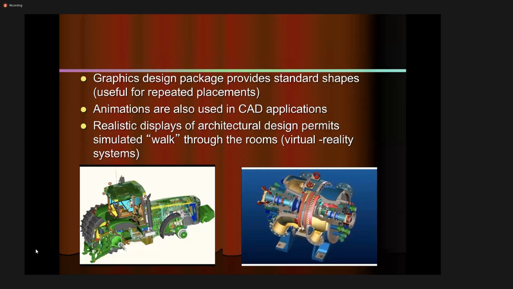Normally graphics design packages provide standard shapes and we can repeat them in this placement. And animations are also used in computer-aided design applications. CAD stands for computer-aided design. Realistic displays of architectural design permit a simulated walk through rooms.